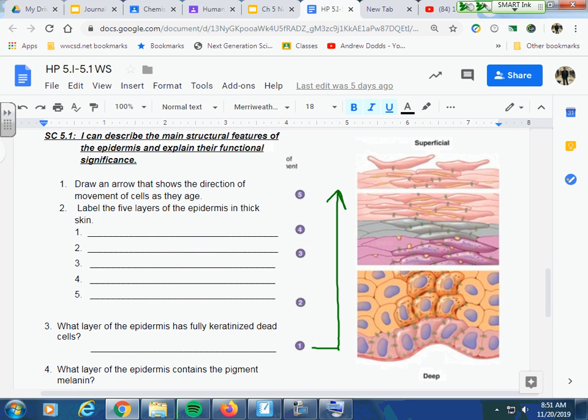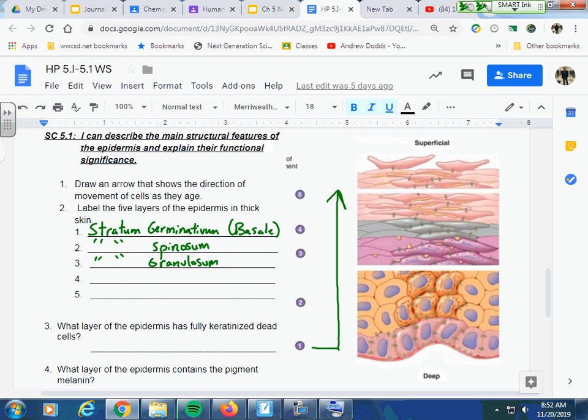So the lowest one, 1 is the deepest layer, which we call the stratum germinativum, also known as the stratum basale. Okay. Next, we're going to get the stratum spinosum, and then we're going to get the stratum granulosum.